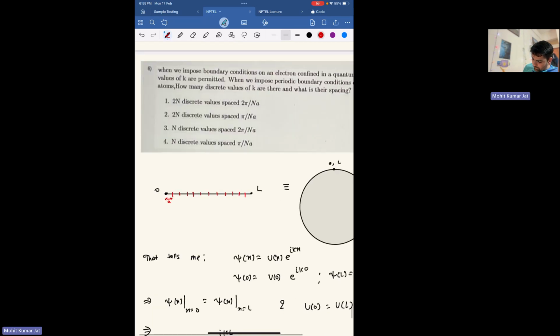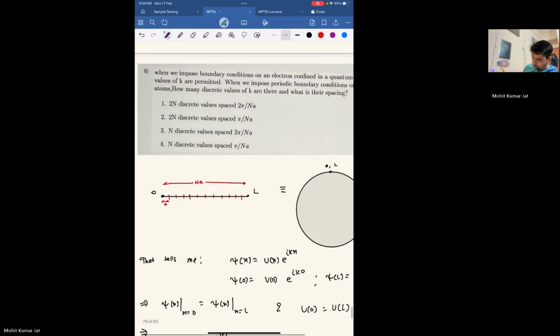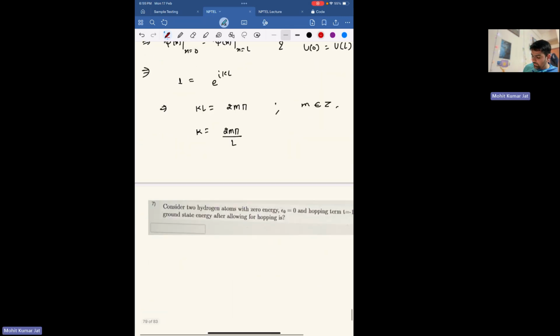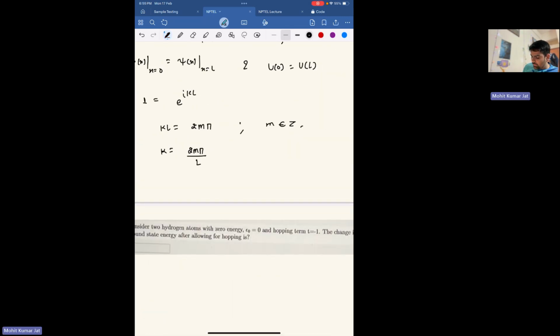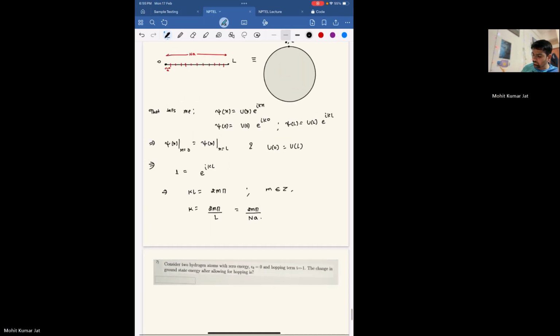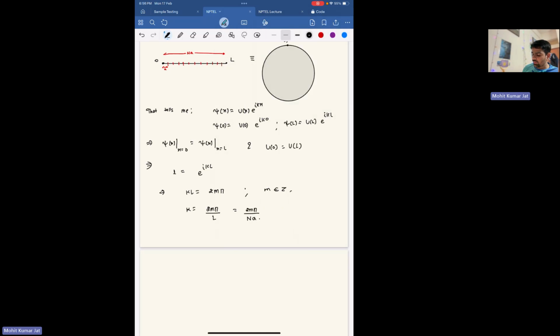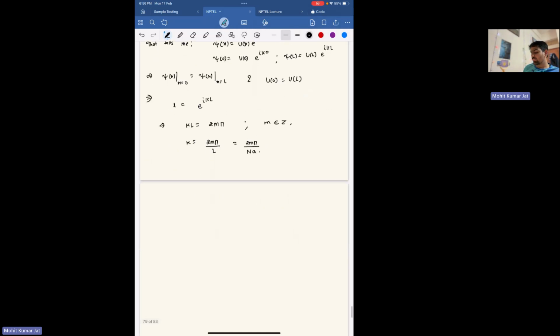The total length is na. In that case, I can write k to be 2m pi by na. Right? Now the question comes: m belongs to integer, but how many values can m take?